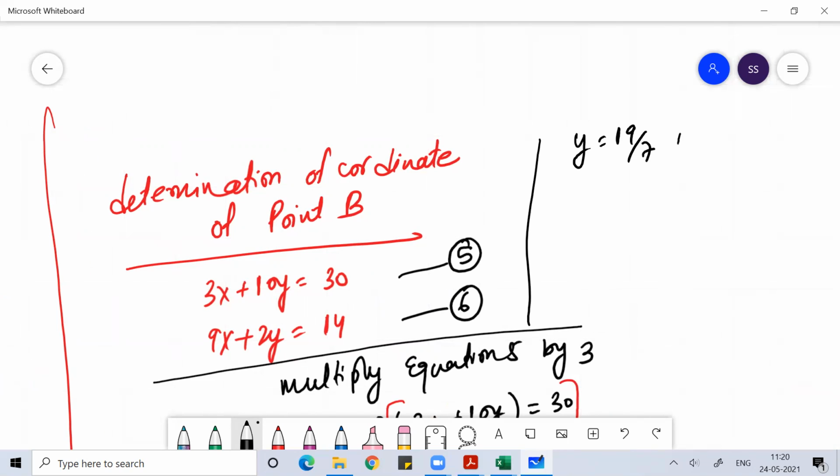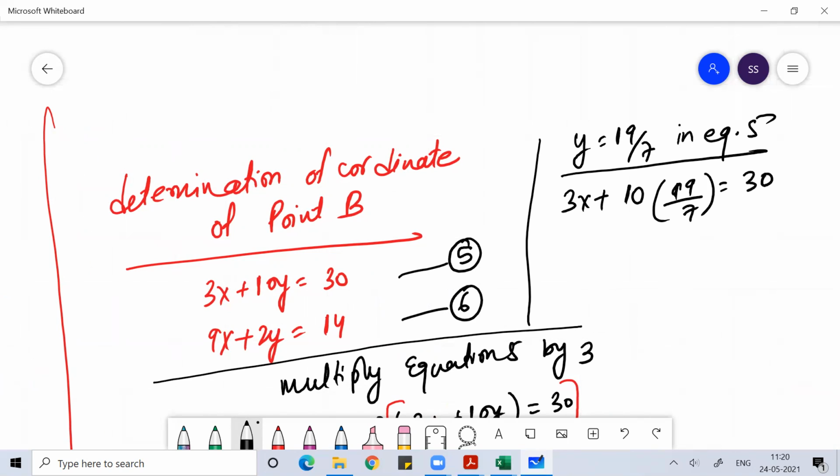in any equation. So in equation 5, I can put, so 3x plus 10y, with y as 19 by 7, is equal to 30. 3x plus 190 by 7 is equal to 30.